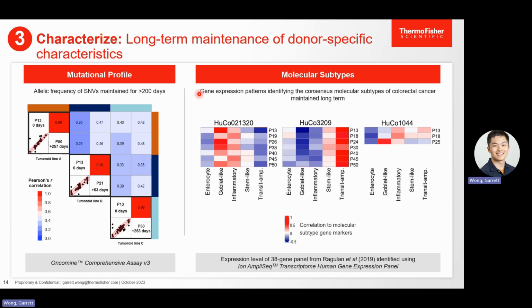And then on the right, this is an example of a gene expression panel, taken from a paper, at least the 38 gene panel that was run through the gene expression software, where colorectal cancer cells could be sorted into 5 different molecular subtypes based on their gene expression.